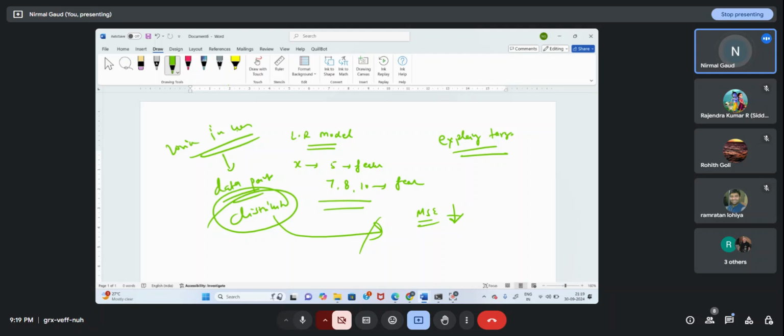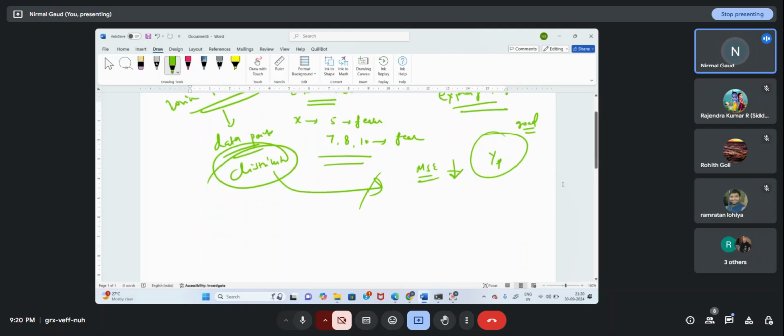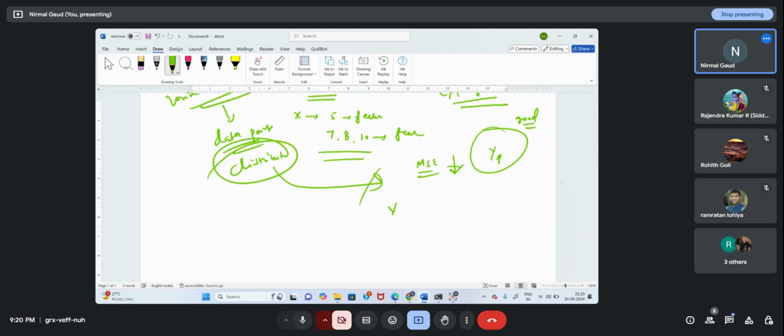If we are having less errors, we are having a good explanation. That means the model you have prepared to predict y, because the error is less, the prediction is good. That means your model is giving a good yp.